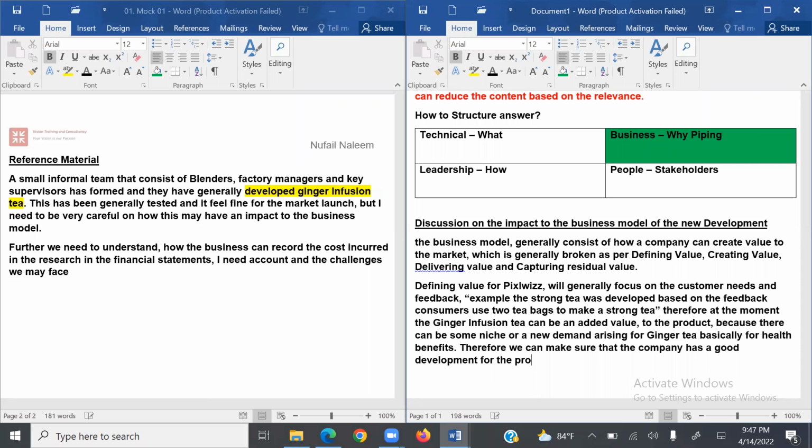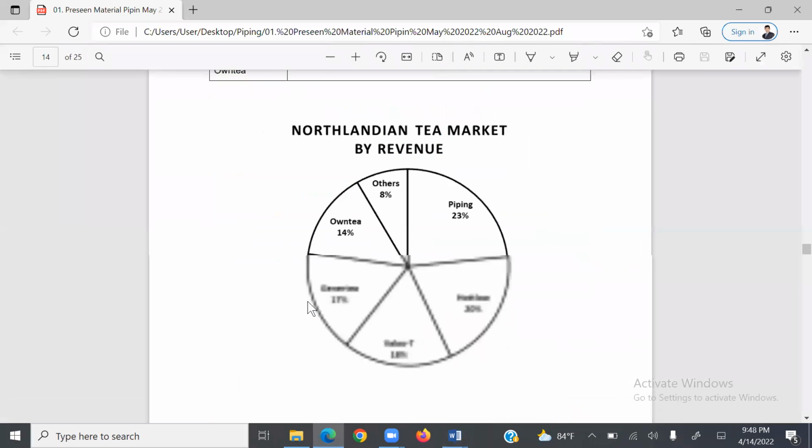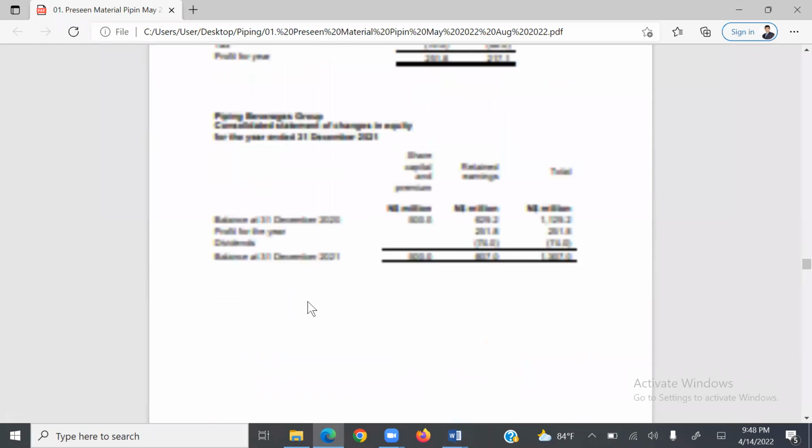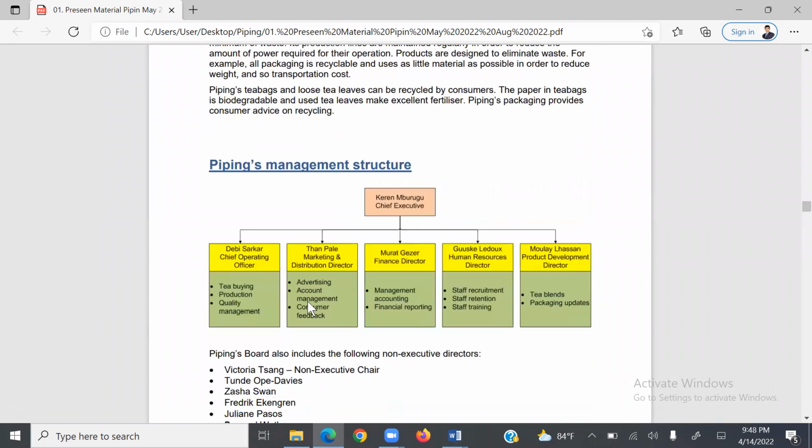So students, I want to ask one more question in the class, just to make sure that you get the understanding and application. Now, students, if you observe here, it's not something difficult. What I want to say is the marketing director. Debbie Sarkar is the chief operating officer.